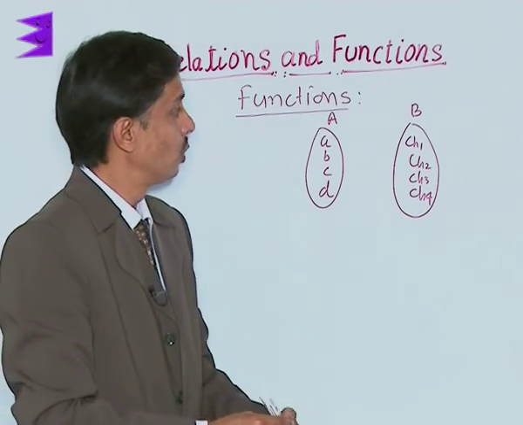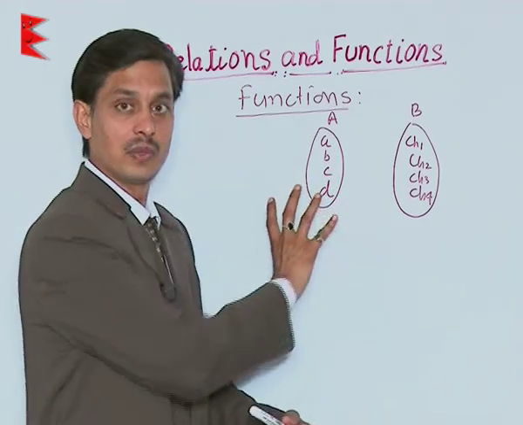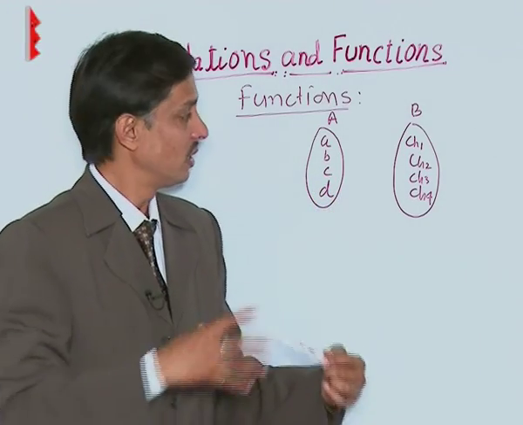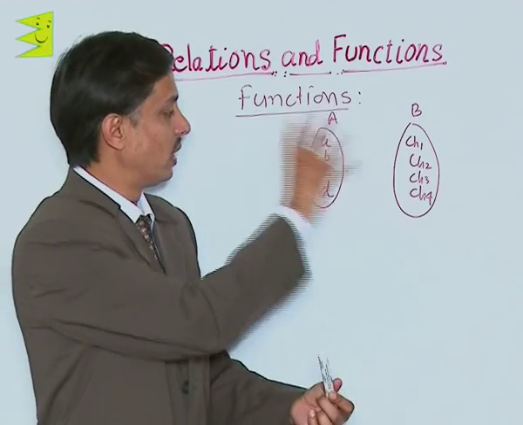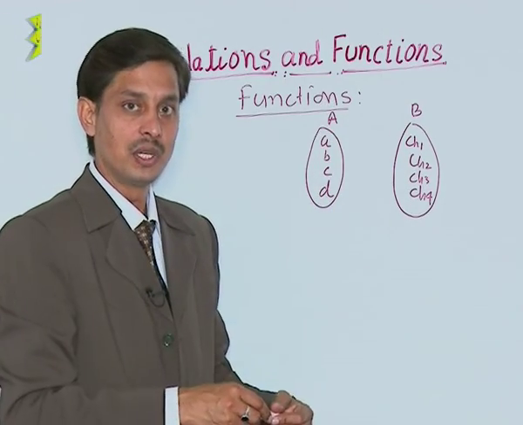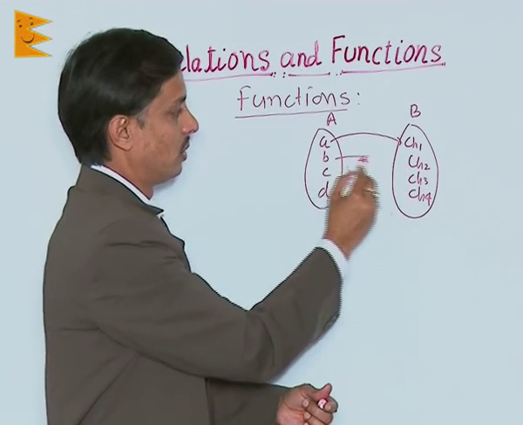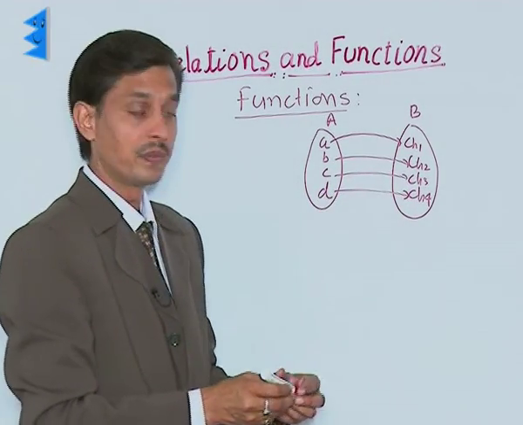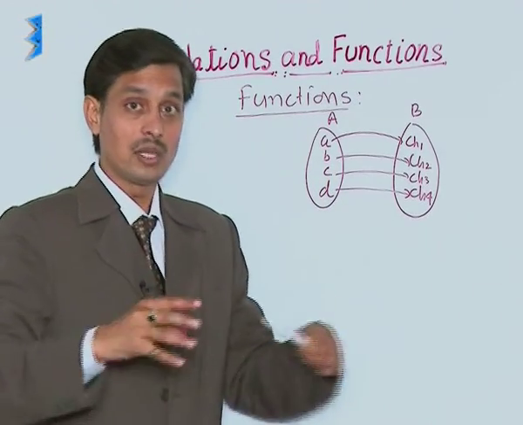Here we have two non-empty sets: one, the set of four friends, another, the set of four chairs where these invitees will sit. A comes and sits on the first chair, then B, C and D. This is a function.